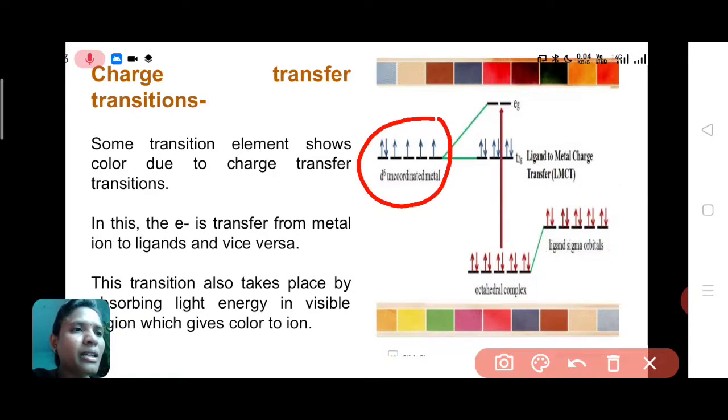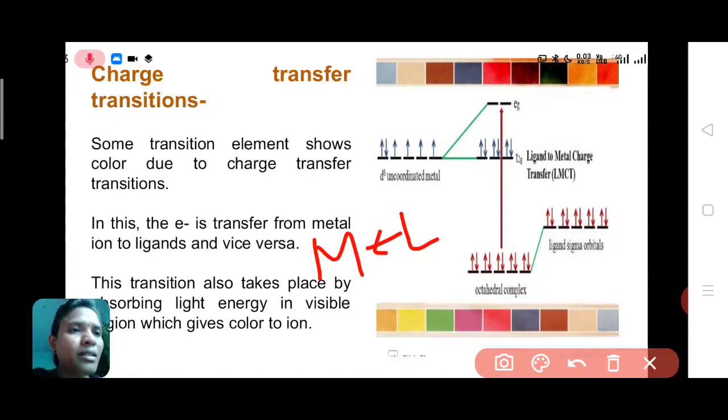See in this picture clearly. The first orbital is the sigma molecular orbital, the second one is the pi molecular orbital. They are arranged according to their energy level.